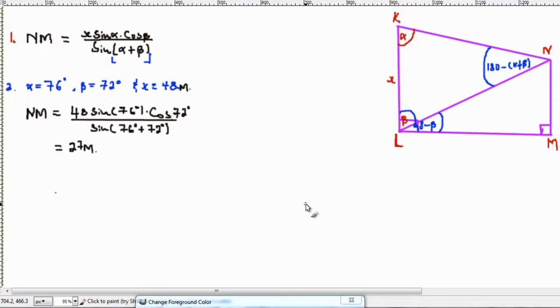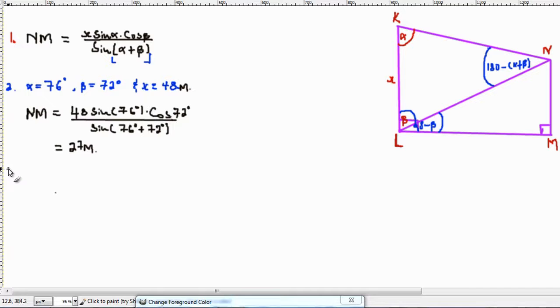But let's do those two questions as well. Alpha is 76 degrees, beta is 72, and x is given as 48 meters. So if you substitute x, alpha and beta to calculate NM, you'll get 27 point something meters. So we round off to 27 meters.